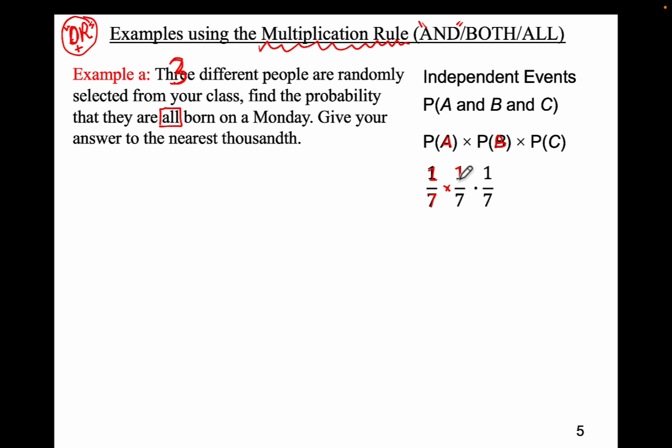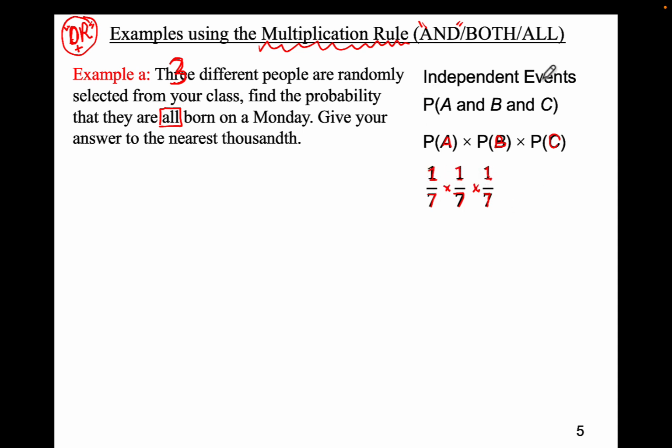It's again 1/7. And there is a third fraction, because we're talking about 3 different people, and the probability that that person is born on a Monday, so multiplication, is also 1/7. No adjustment in the numbers, no counting down, nothing like that, because these events are independent of each other.